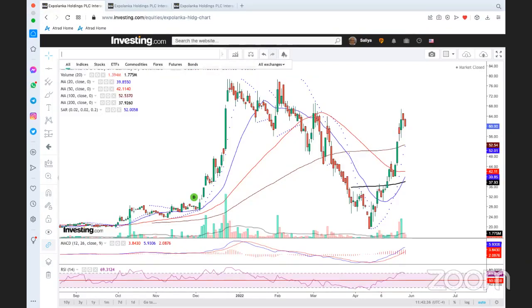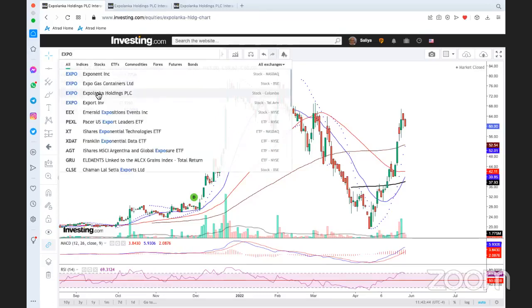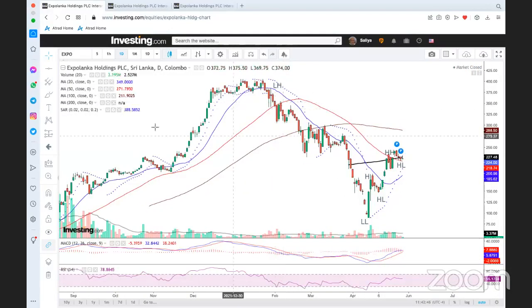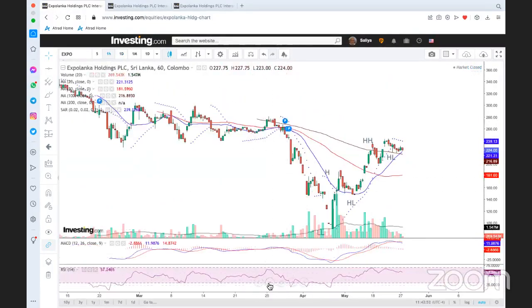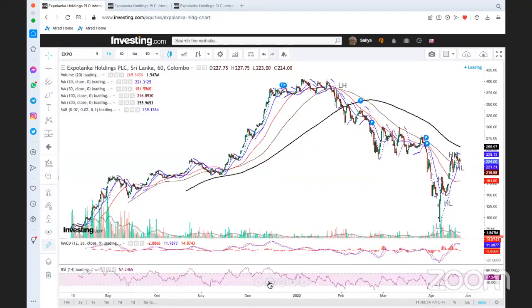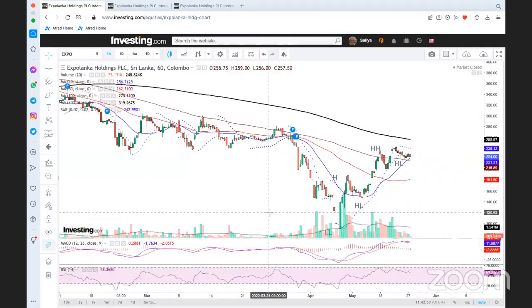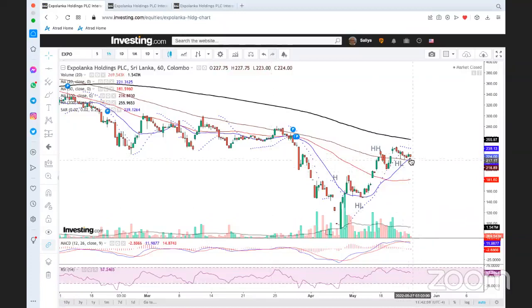So that's basically what I want to show you, just to take you all through another counter. Take Expo Lanka and look at the shorter time frames. In the case of the shorter time frame, again you can see that it's going through a sideways movement. The PSAR is above.